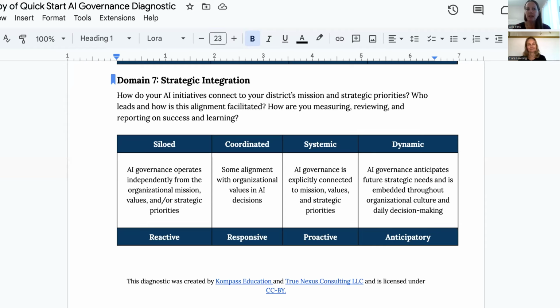How do they interface with the mission of your organization, and how are you facilitating that alignment, right? How do people know and see that what you're doing around AI is connected to the work that they do every day, and again, those overall big strategic goals that you have as an organization? Can people connect the dots no matter who you're talking to in the organization, not just the decision makers?